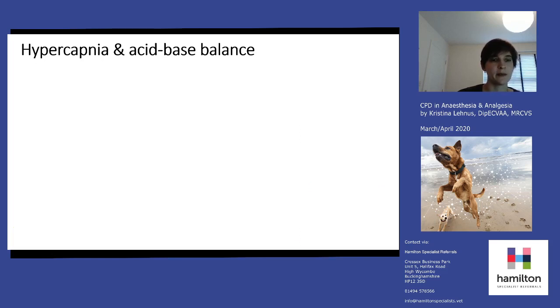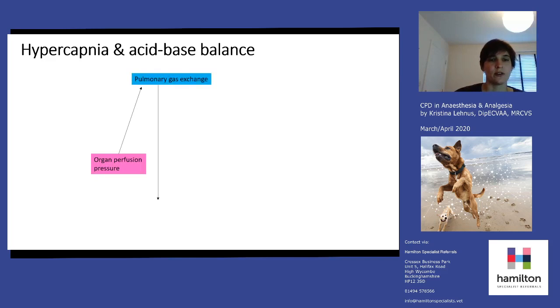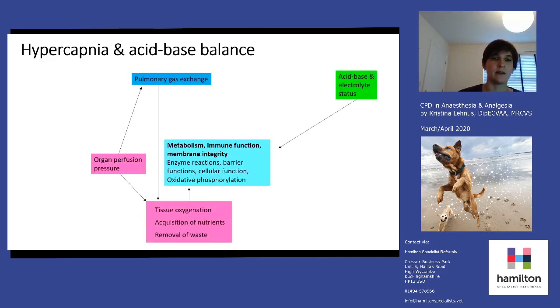In terms of hypercapnia, again, organ perfusion and pulmonary gas exchange are inextricably linked. Your metabolism much depends on it, and your acid-base status influences it. If you begin hypoventilating, you're going to have a hypercapnic situation whereby your organ perfusion pressure is going to be affected because CO2 affects vascular tone.